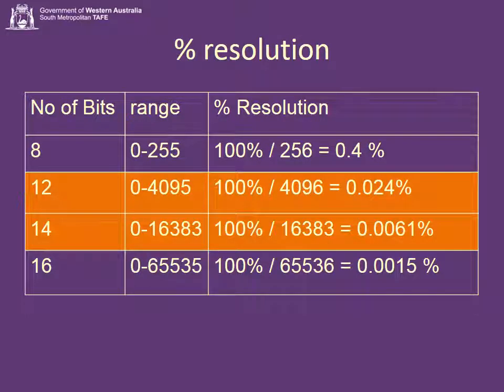In air conditioning, typically the ADCs are 12 or 14-bit resolution, which means that you wouldn't really notice the steppiness, and they're not fabulously expensive.